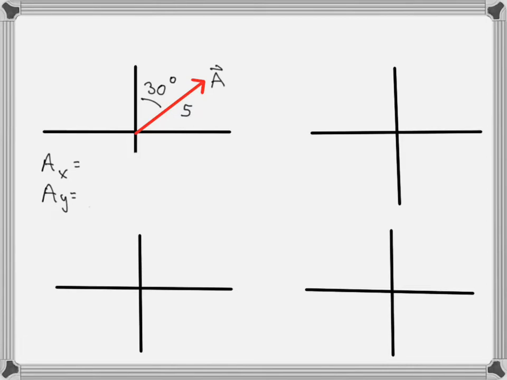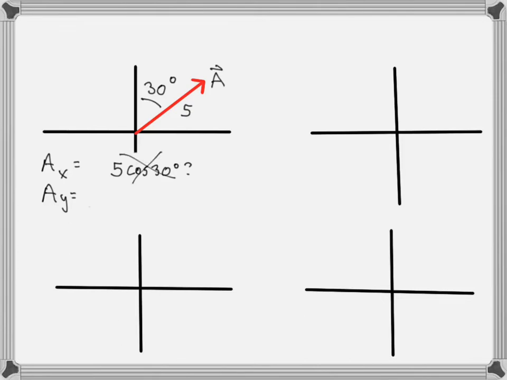So let's start with this vector A. A has a magnitude of 5. Notice that the angle of 30 degrees is between the y-axis and A. So we're looking for the AX component and AY. Would you say that AX is 5 times the cosine of 30?